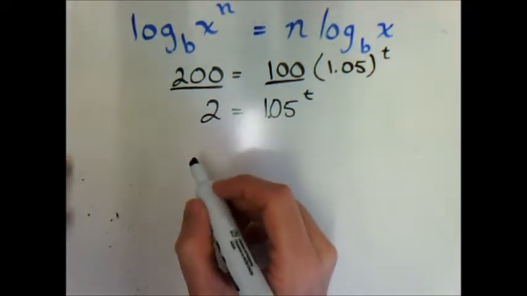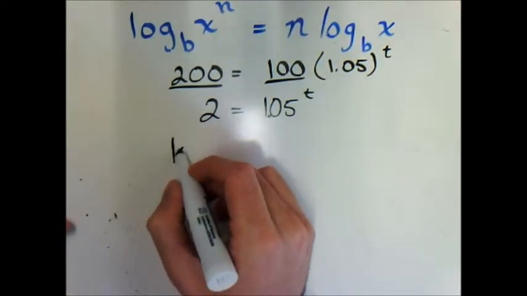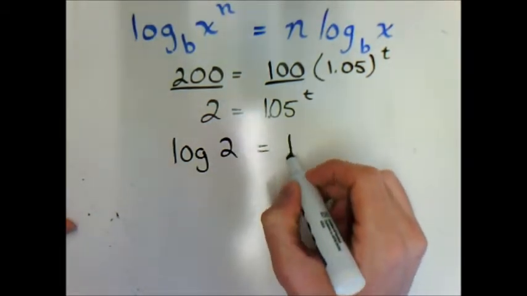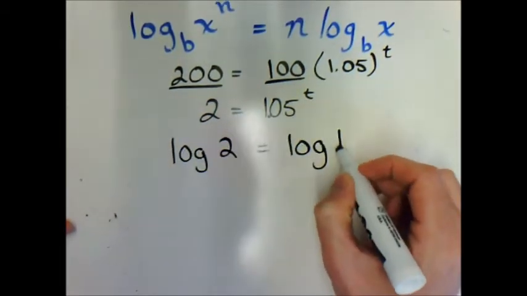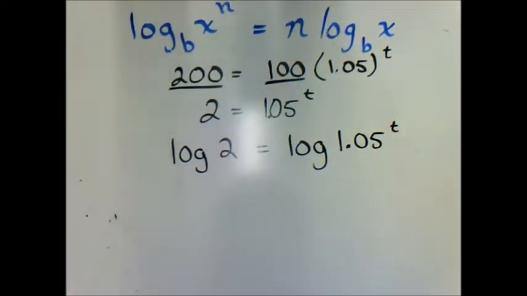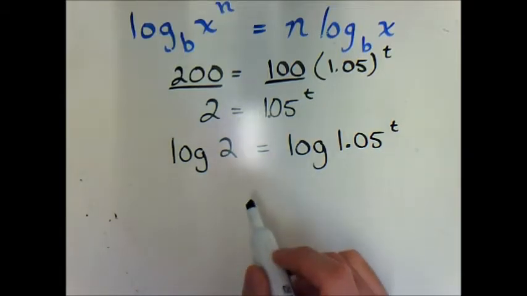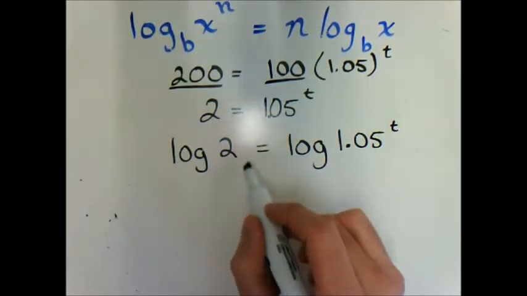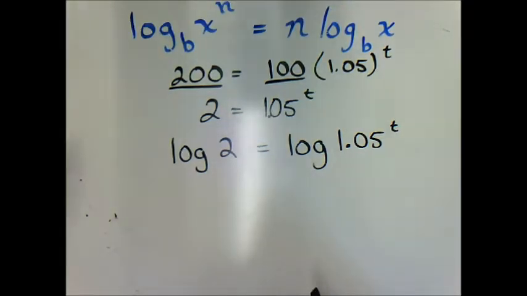So what I want to do here is I want to take the log, the common log of base 10, of both sides. So it's all good as long as I do the same thing to both sides. If I take the log of 2 and the log of 1.05 to the power of t, then I've done the same thing to both sides of my equation.